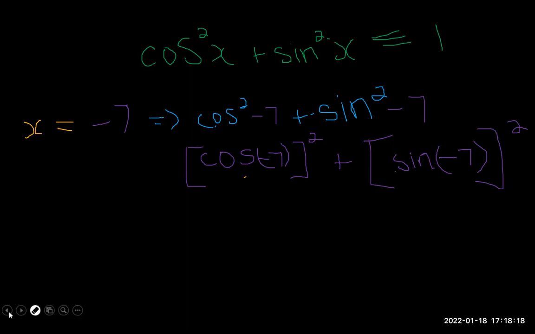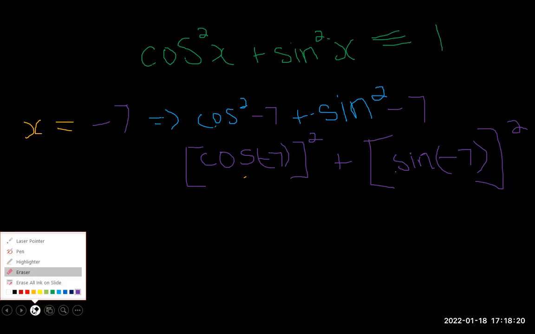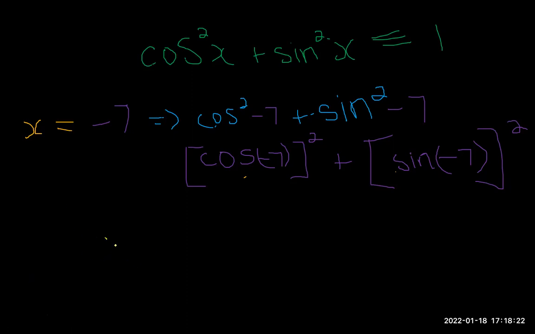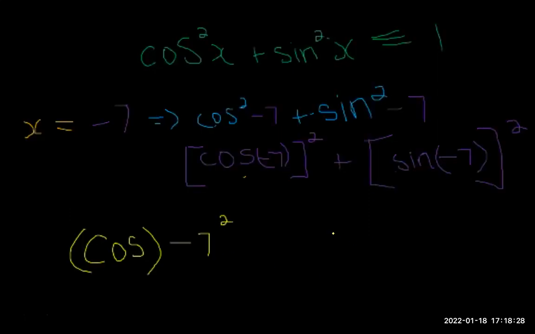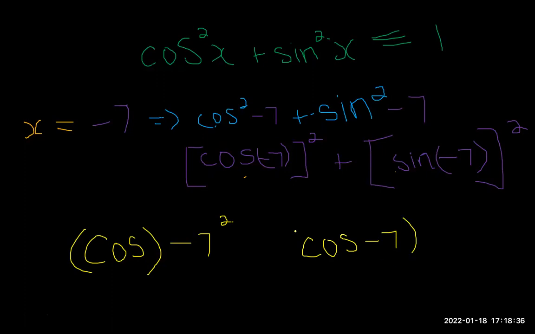Oh, wait, hold on. Might be a problem. So you did this. Okay, repeat again. So cosine with a -7 inside the brackets, squared.